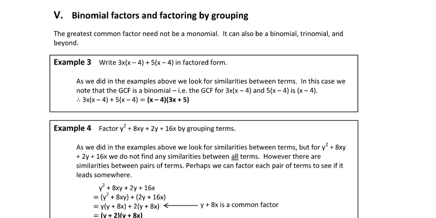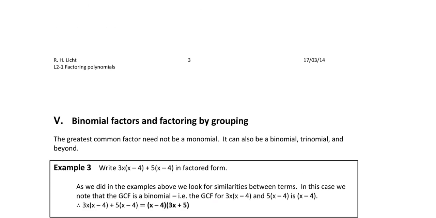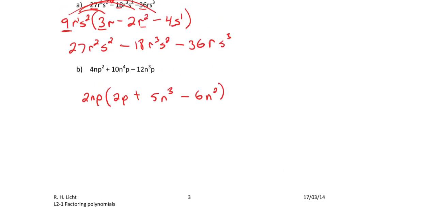Okay, so that was one style of factoring where we just factored a monomial out, a single thing that we factored out. Oh, by the way, now that we've done this, how many factors do I have sitting here? I'm glad I asked. There's only 2.